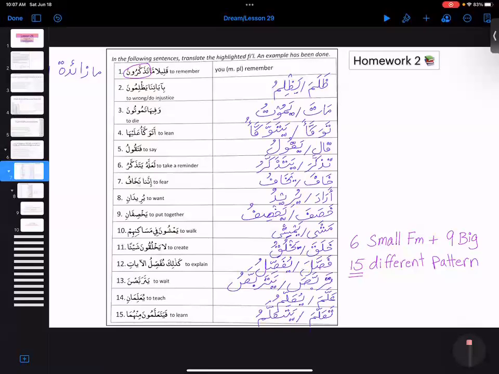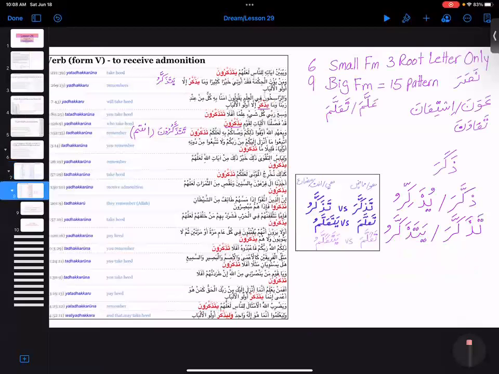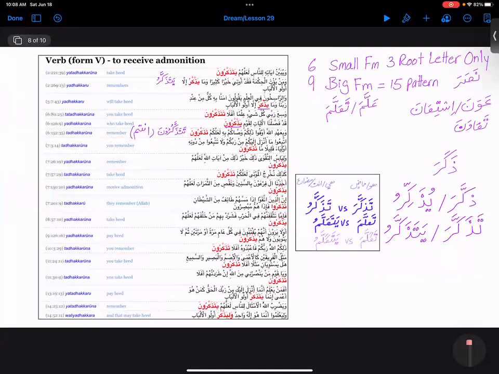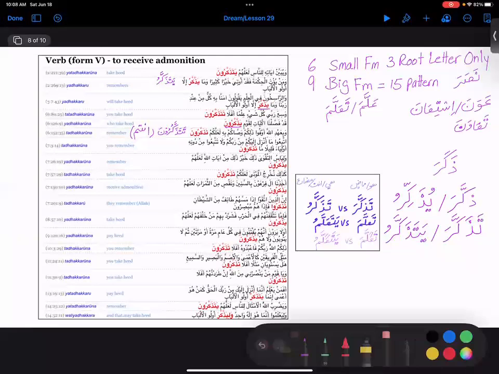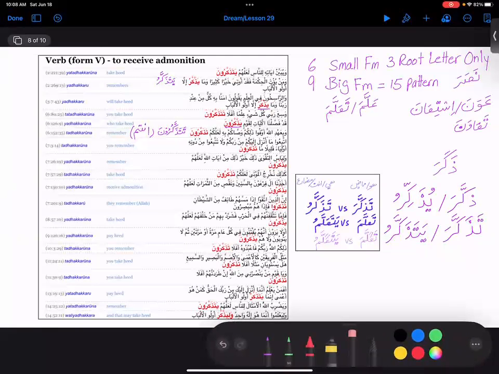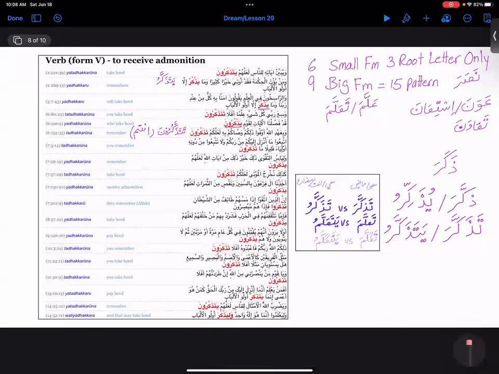Yes. And everything is clear? No question about it. I want to just mention this word, tadhakkaruna. This is a very interesting word. I don't know if it is going to be overwhelming for you guys, but I just want to show the beauty of this word. Soon, inshallah, when we will go to the sarf part, we will see that there are 6 small families which have only 3 root letters.